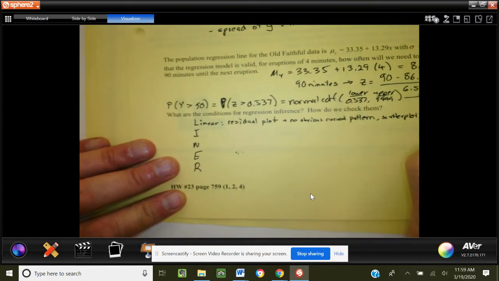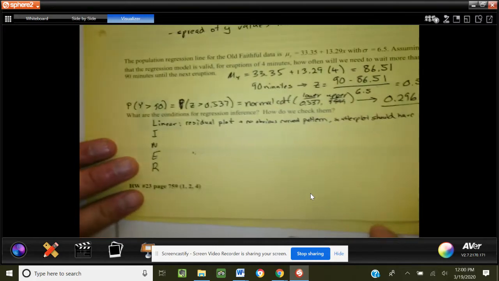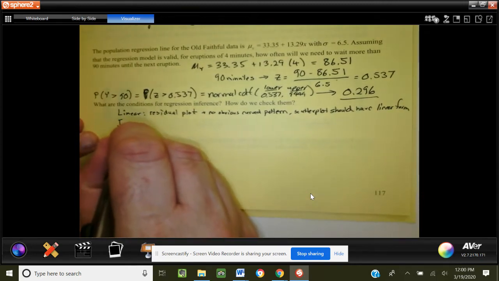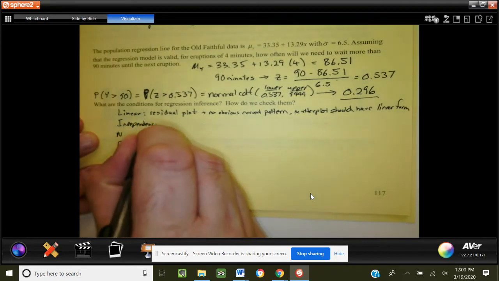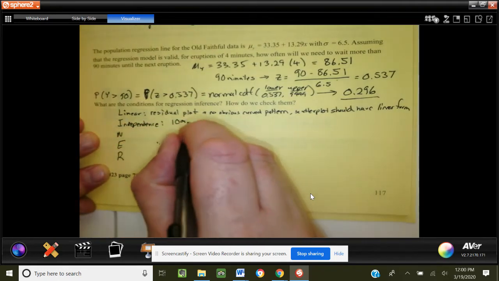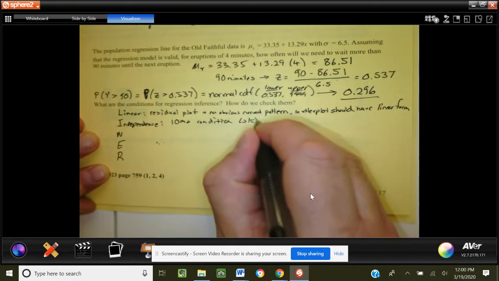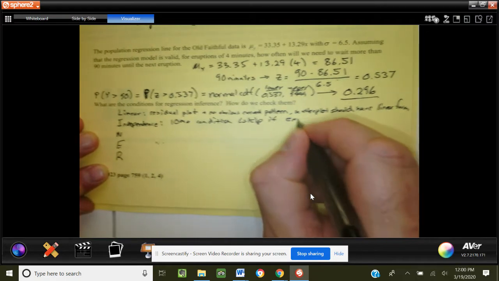It should have a reasonably linear form. Sometimes that's kind of a guess on the scatter plot, but that's why we use the residual plot. So linear, you're used to checking that already. That's the same check. For the independence condition, it's the 10% condition. As easy as that. Skip if it's an experiment.